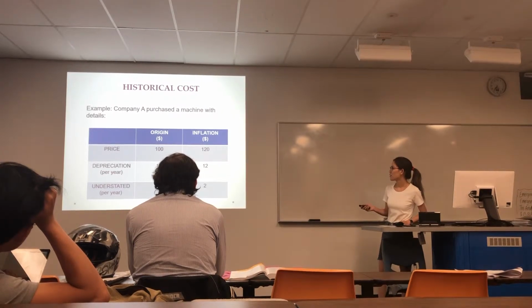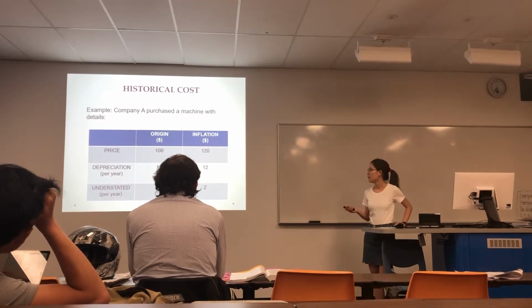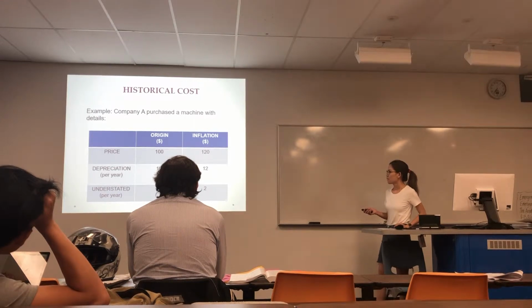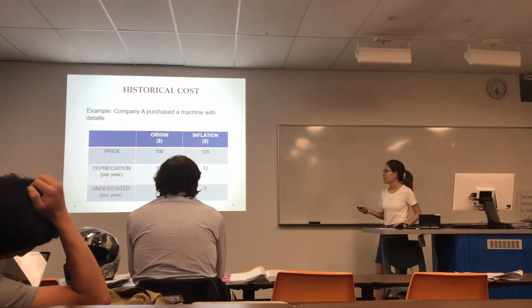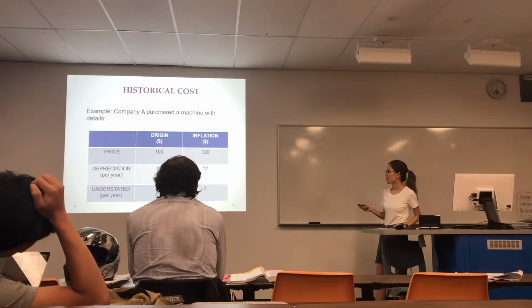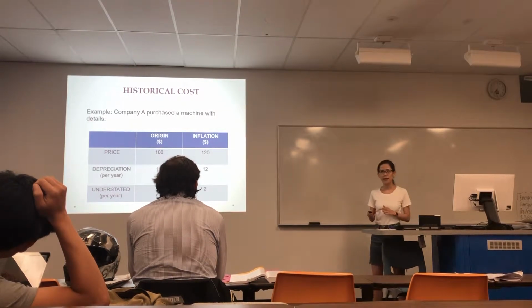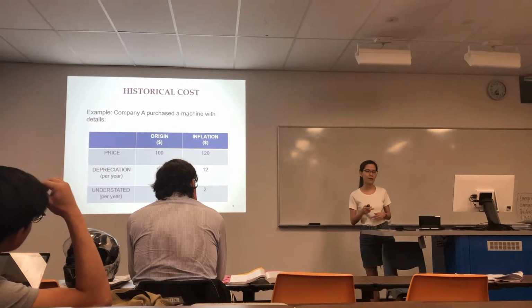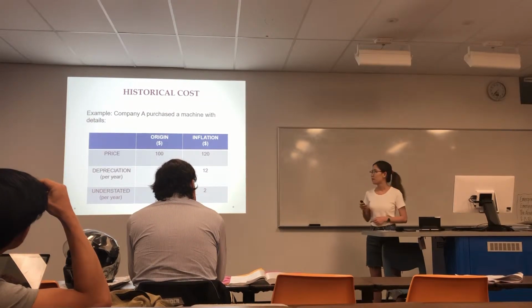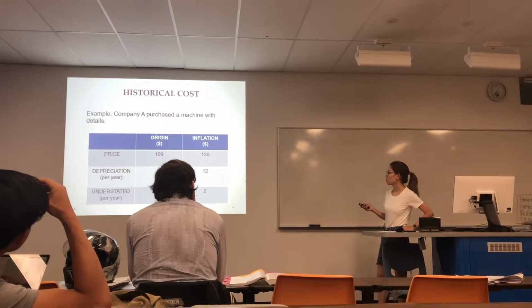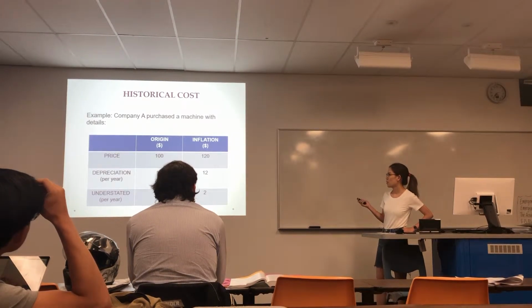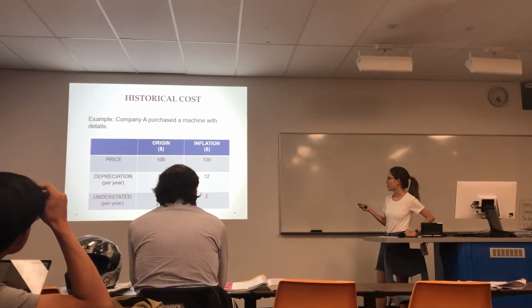Company A purchased a machine for $100, depreciated over 10 years, so depreciation is $10 per year. In the next year, due to the effect of inflation, the market price of this machine would be $120, which leads to an increase in depreciation expense by $2 per year.